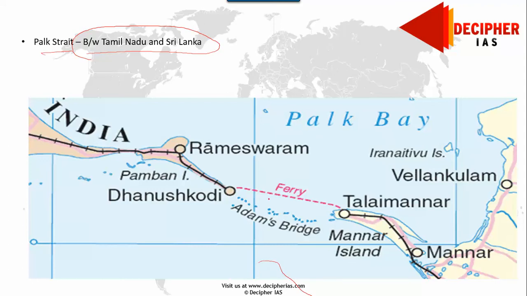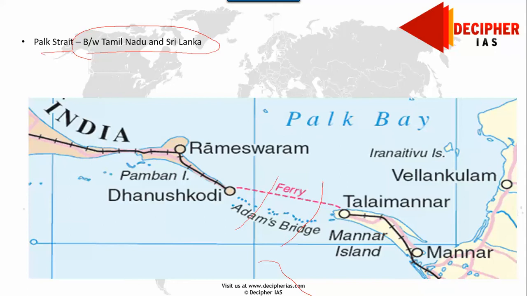The proposal was that Adam's Bridge, which they call Ram Setu, would be broken and a passage made through it, so that ships can easily reach the eastern coast of India. But the right-wing politicians were not in favor of breaking Adam's Bridge. They say this is our national cultural heritage and we won't let any harm come to it.